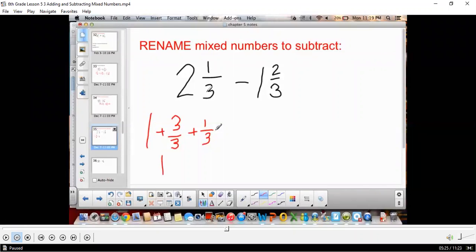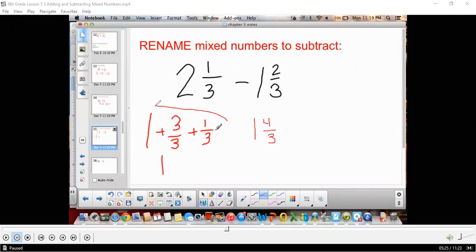If the denominator was 4, it will be 4 over 4. If the denominator is 5, 5 over 5, and so on. So to make it easy for yourself, you can say I have 1, and then you can add the numerator plus the denominator directly to the answer. It will be equal to 1 and 4 over 3.